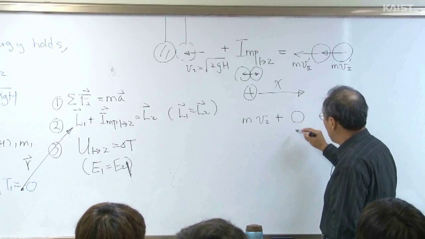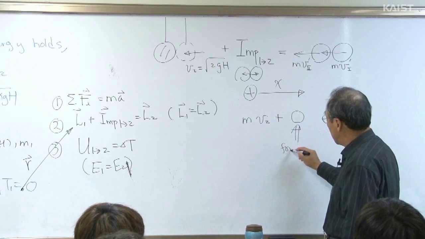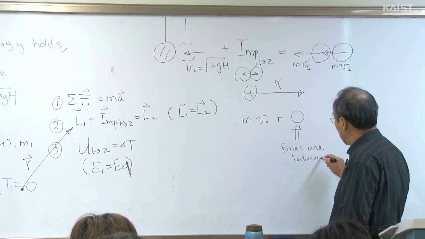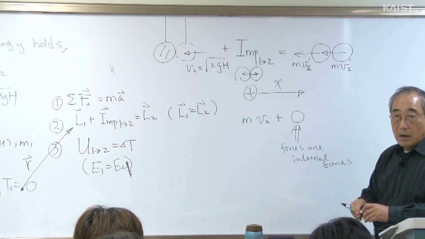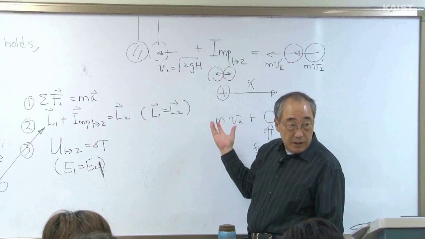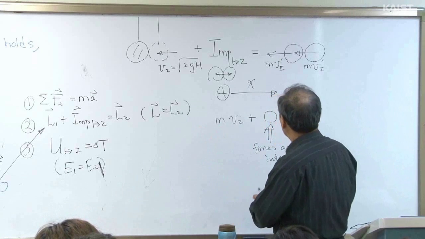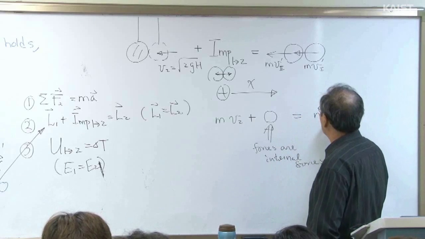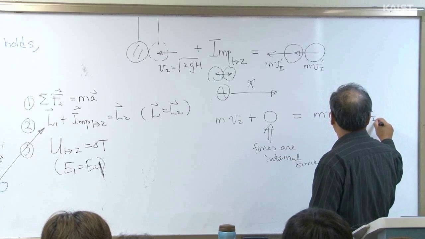Therefore, this is 0 because the forces are internal forces. Okay? Of course, if you consider each mass separately, this one is not 0. Okay? And that is equal to mv2 prime plus mv1 prime.